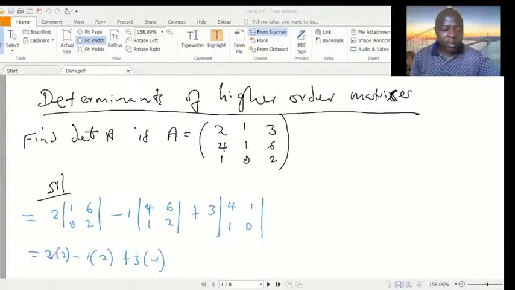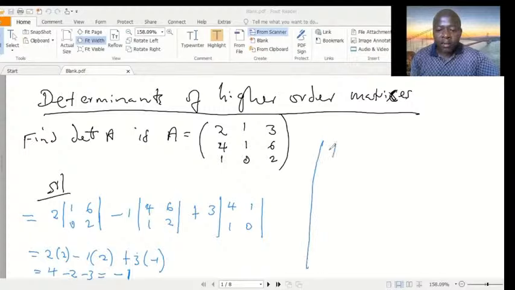Now, when you do this, you'll find this to be 4, and you'll find this to be negative 2, and you'll find this to be negative 3, and the whole thing is negative 1. So that is the determinant of this matrix. I already said I'll tell you where this negative is coming from, and where this positive is coming from.